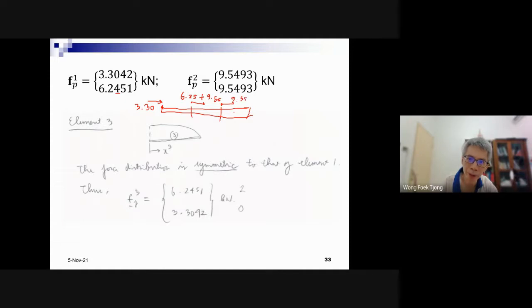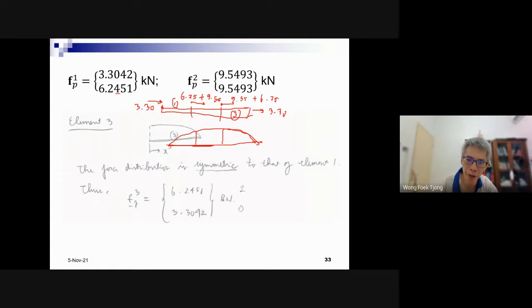How about element number 3? Because the loading is symmetric like this, we can expect that the equivalent nodal force is also the same. So for elements number 1 and 3, the same pattern. If this is 6, this also will be 6, because it is the same distribution, 6.25. And how about this one? It will be 3.30 as well.